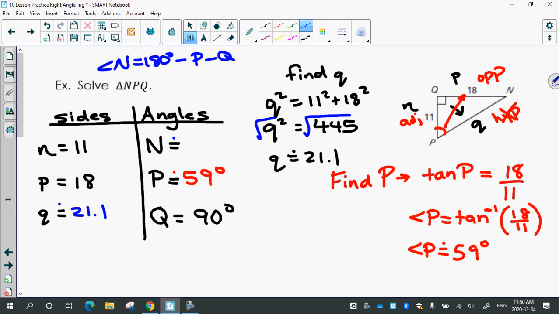Put a dot because if 59 was approximate, then so is N going to be approximate. And make sure you have degrees for your angles, and if there's any units, like centimeters or whatever, for your sides, but in this case it wasn't. Okay? All right, so you have time now to practice.